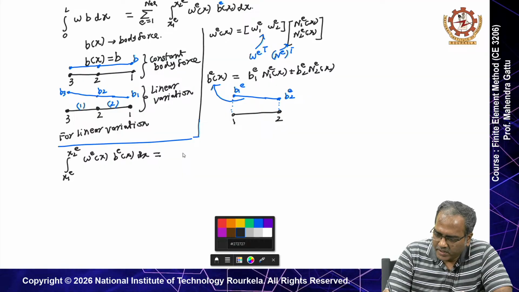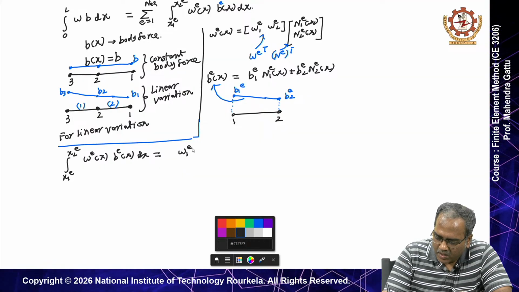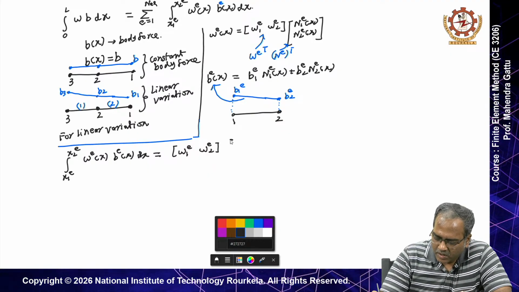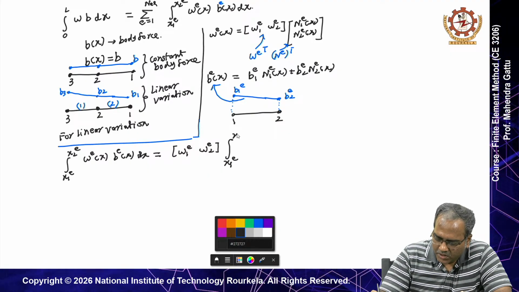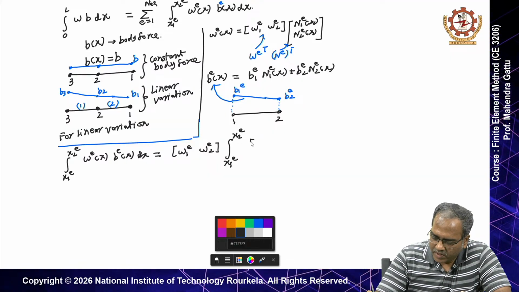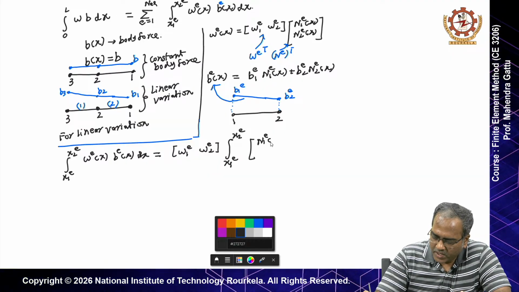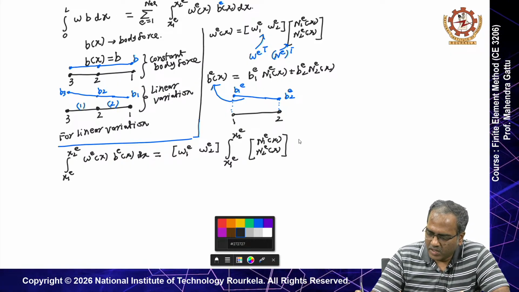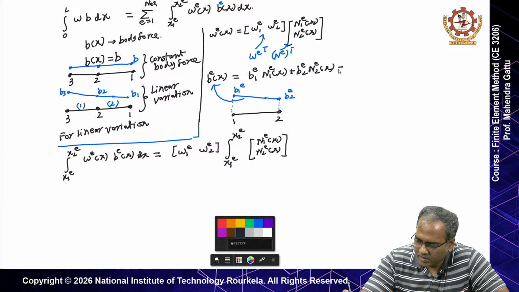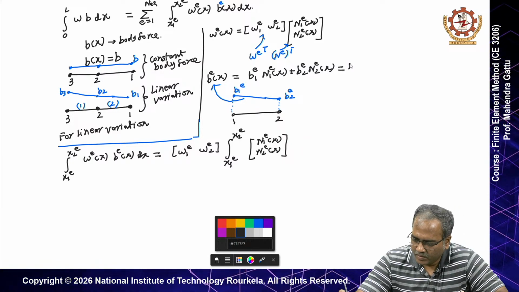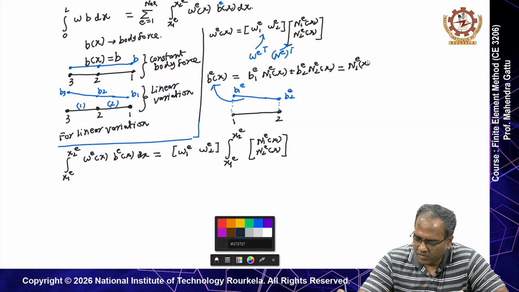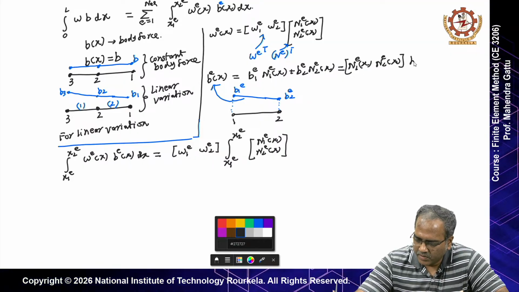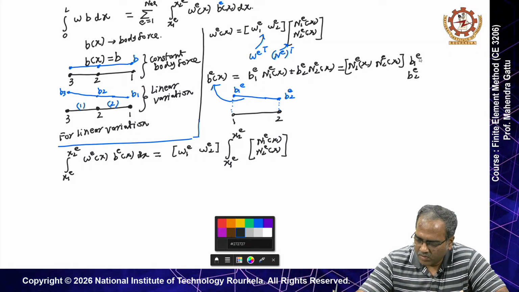So we will write it as w1 e, w2 e, this we take out, and then the integral from x1 e to x2 e, then we have n1 e of x, n2 e of x, and then b of x we write as n1 e of x, n2 e of x, and then b1 e, b2 e.